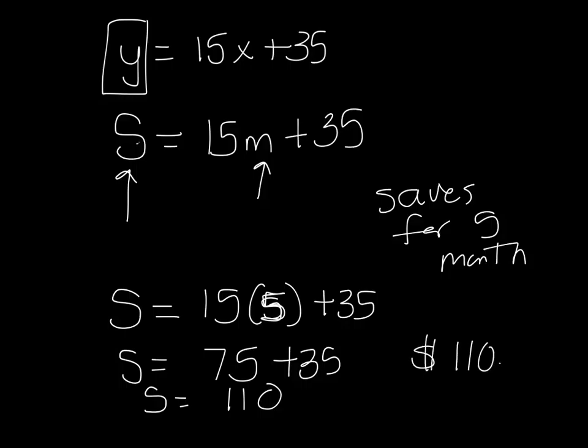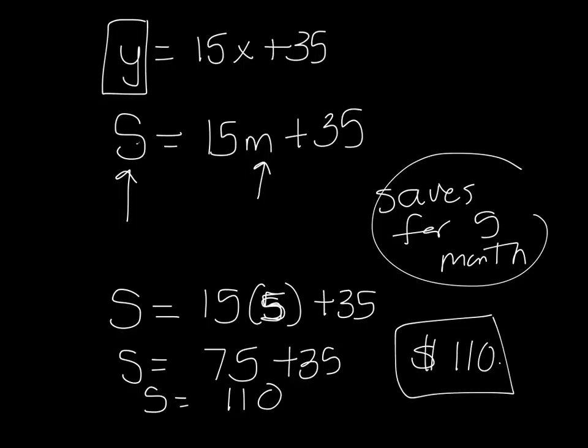So after 5 months, the person has a total of $110 saved, starting with the 35 and then adding on that 75.